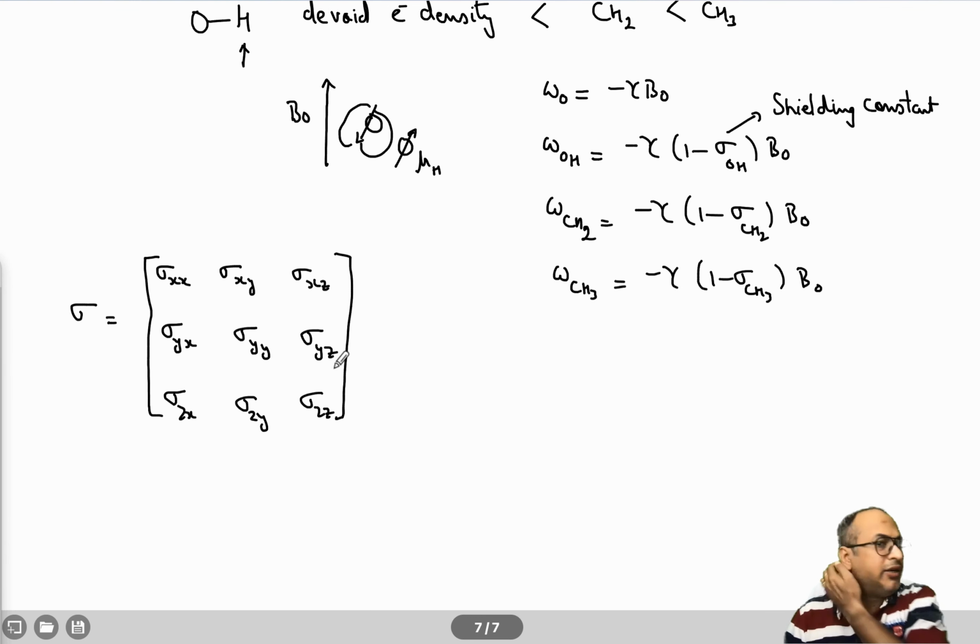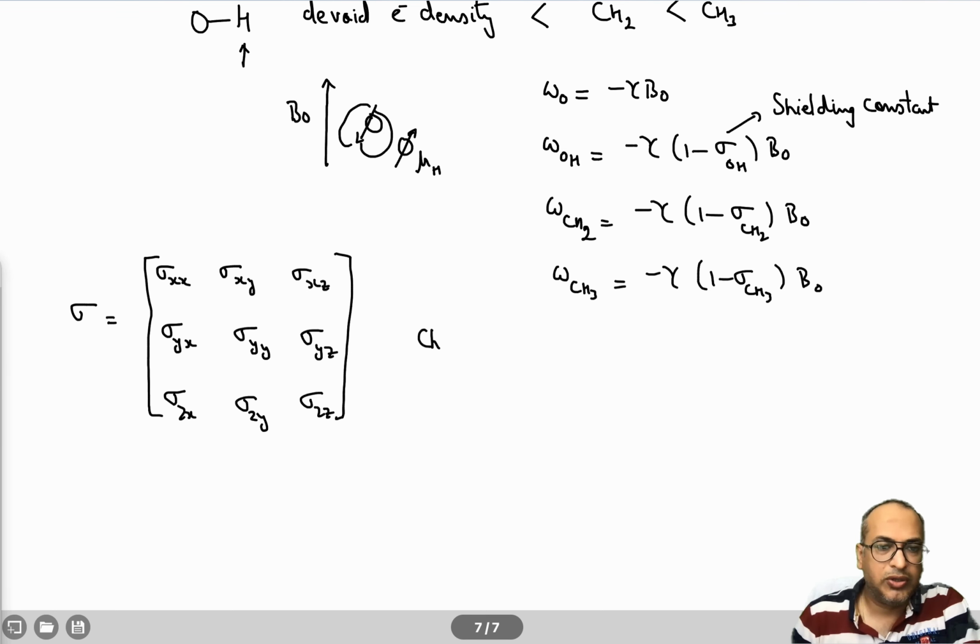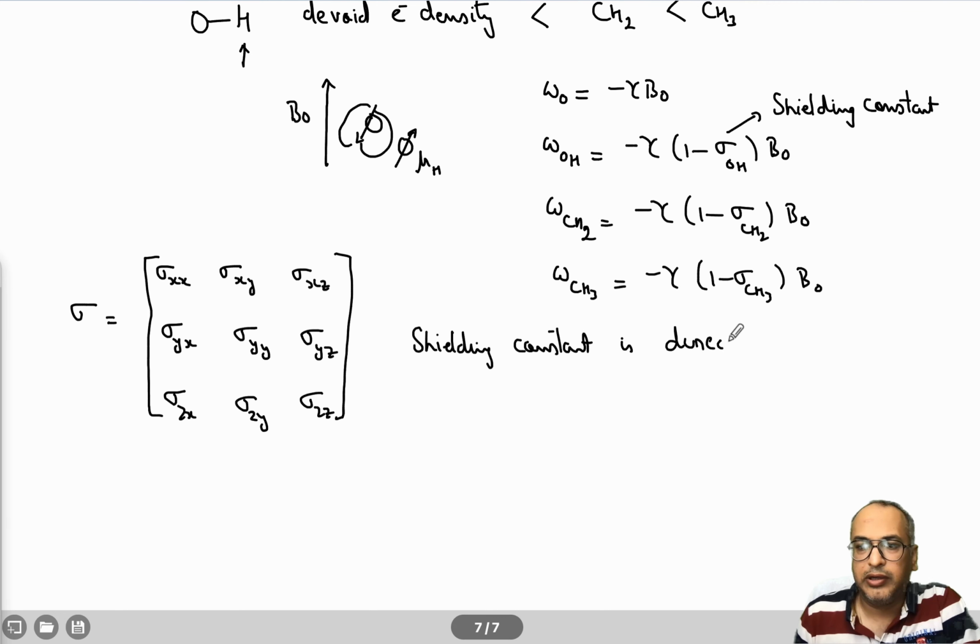Now when I'm writing it in this form, it is clear that, let's not call it chemical shift yet, let's call it the shielding constant, is a directional property, right?